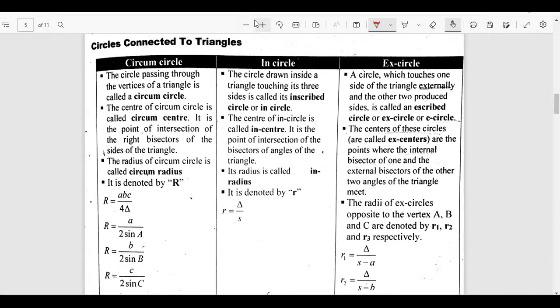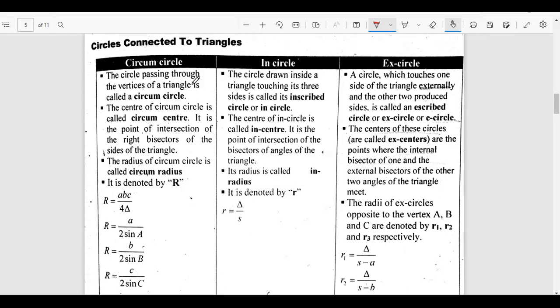Now here we have some definitions, some interpretations, and they are very easy actually. We have three different types of circles and they are connected in some way to triangles. Let's talk about the first one. It says circumcircle.